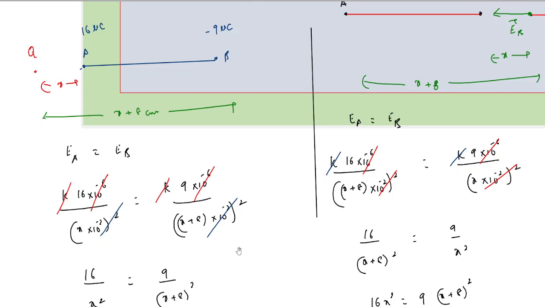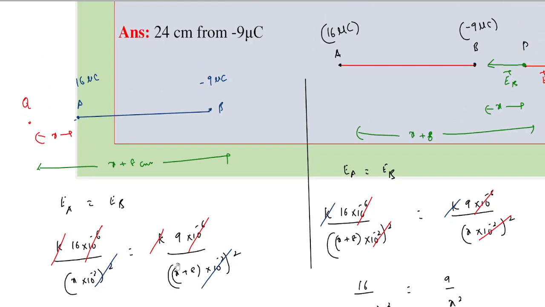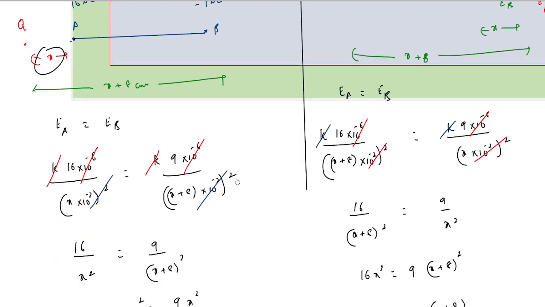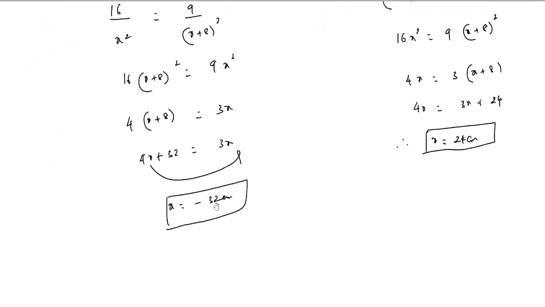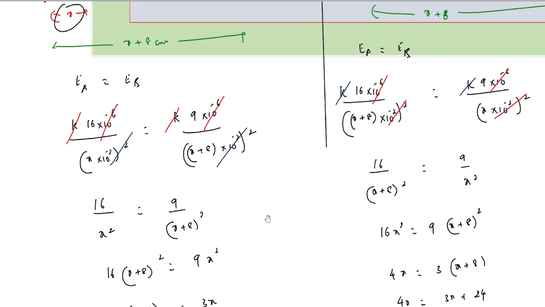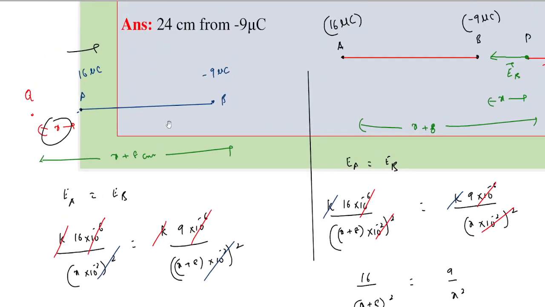So the assumption here is that from the point A, the distance is minus 32. It means that since we have taken this as positive in our case, taken as plus x, so minus would be in this direction from the charge A point of view. So the distance from this point would be minus 32 centimeter, which means minus means it's from point A towards point B, because we've taken the plus as this direction.